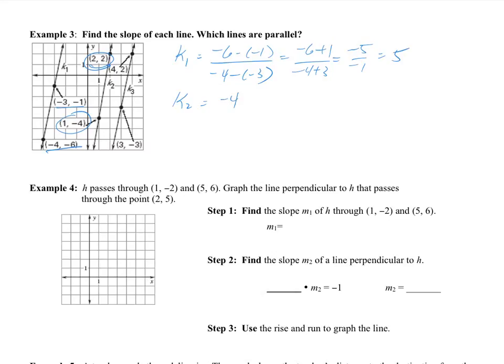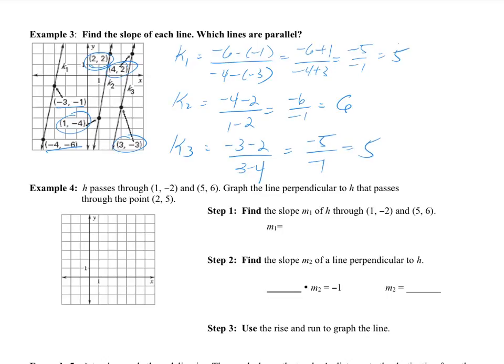So I'm going to take negative 4 minus 2 over 1 minus 2, negative 6 over negative 1, which is 6. And K3, I'm going to use (4, 2) and (3, -3). The slope will be negative 3 minus 2 over 3 minus 4, negative 5 over negative 1, which is 5. So, because the slope for K1 is 5 and K3 is also 5, K1 is parallel to K3.